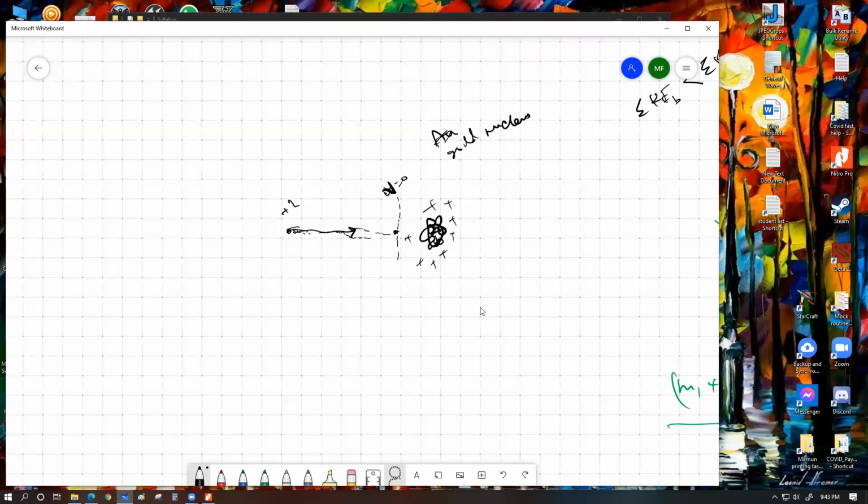So this is the point where all the starting kinetic energy has perfectly converted into potential energy. And what do we call this potential energy? We call it electrostatic potential energy, the type of potential energy that is stored while working against an electrostatic force.